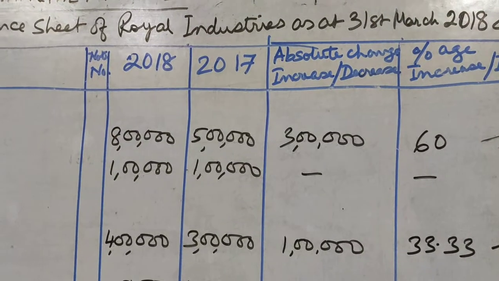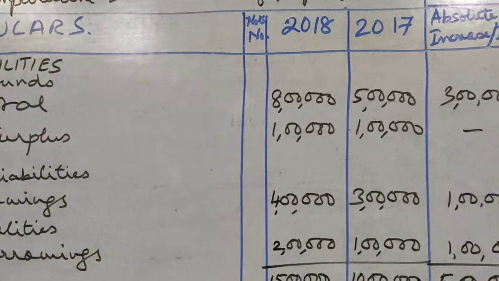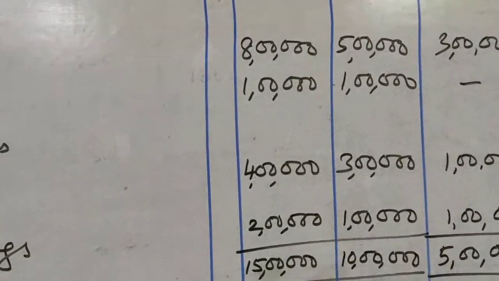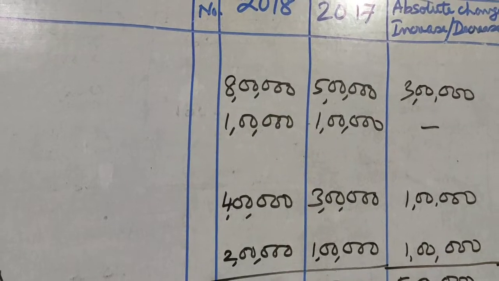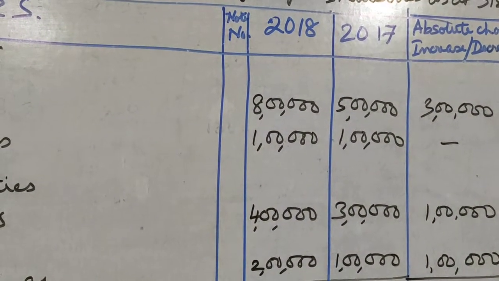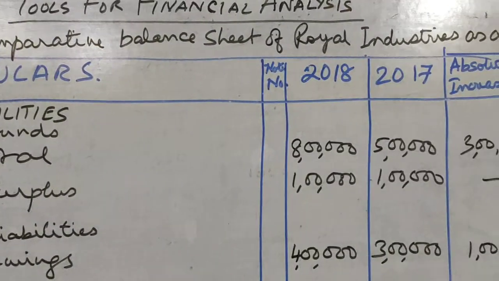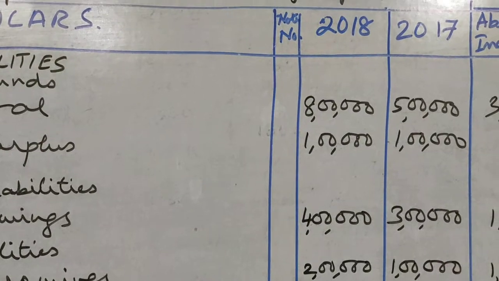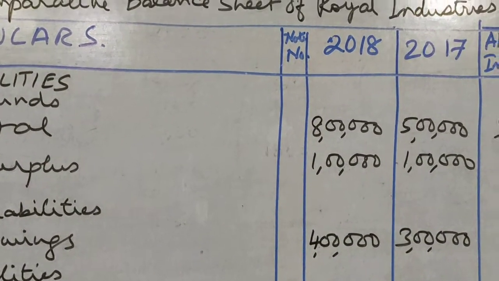Now here I have taken question number 1, which is given in page 11.20. From the balance sheets of Royal Industries as at 31st March 2018 and as at 31st March 2017, prepare a comparative balance sheet.